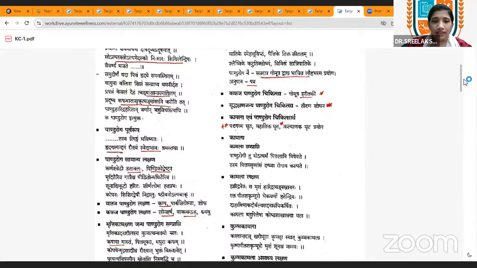Then coming to the Samanya Lakshana of Panduroga: Karnakshveda, that is tinnitus can occur, and Hata Anala, Indriya Udveshtanam. And Shuna Akshikuta, Harita Shirna Loma, and Hata Prabha.